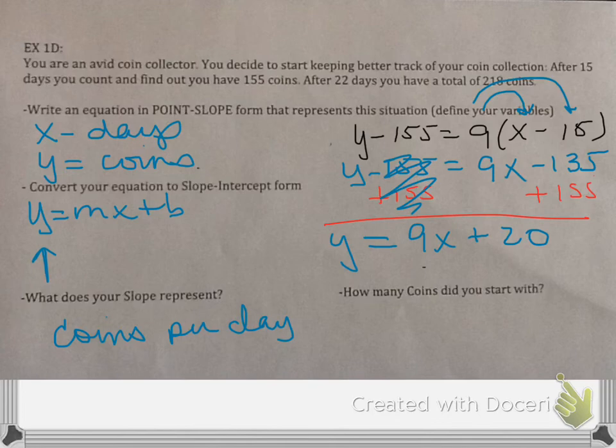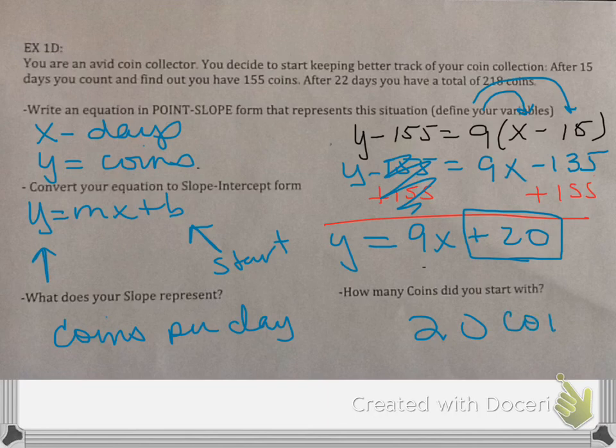How many coins did you start with? Well, remember your y-intercept is what you start with. It's your original, your starting point. Since this is our y-intercept right there, we're going to say 20. We started with 20 coins. And that's our answer.